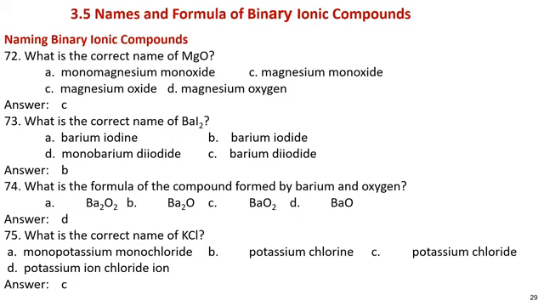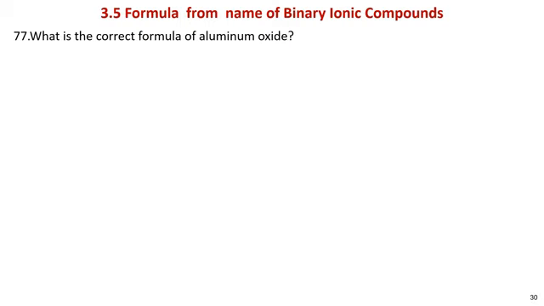What is the correct formula for aluminum oxide? Aluminum is 3 plus, oxygen is 2 minus, we cross multiply. Remember we talked about this? This number was here, the charge number.